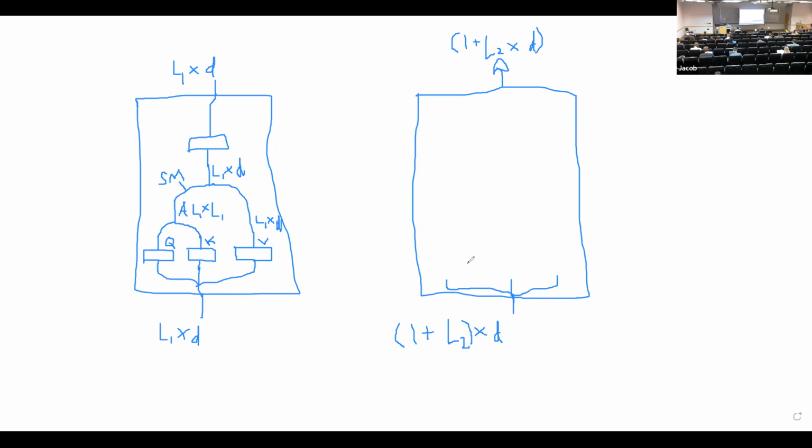Again, we have Q, K, and V, and those will have the same shapes respectively as in the encoder.